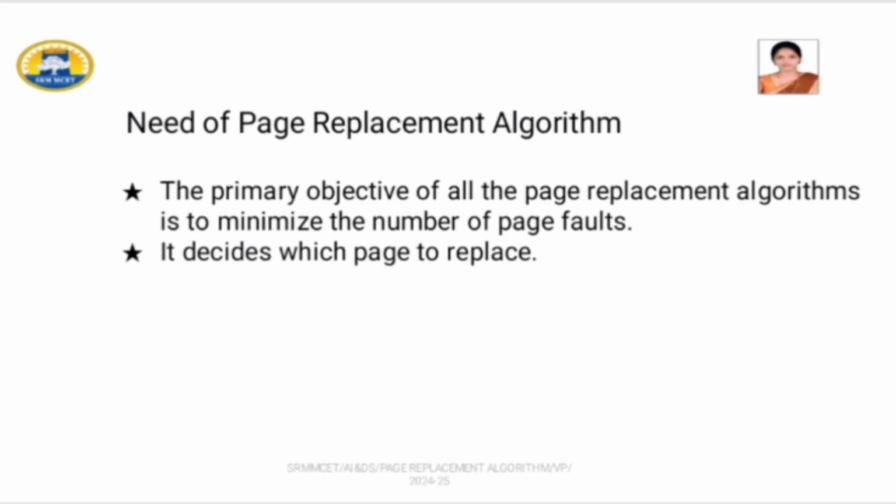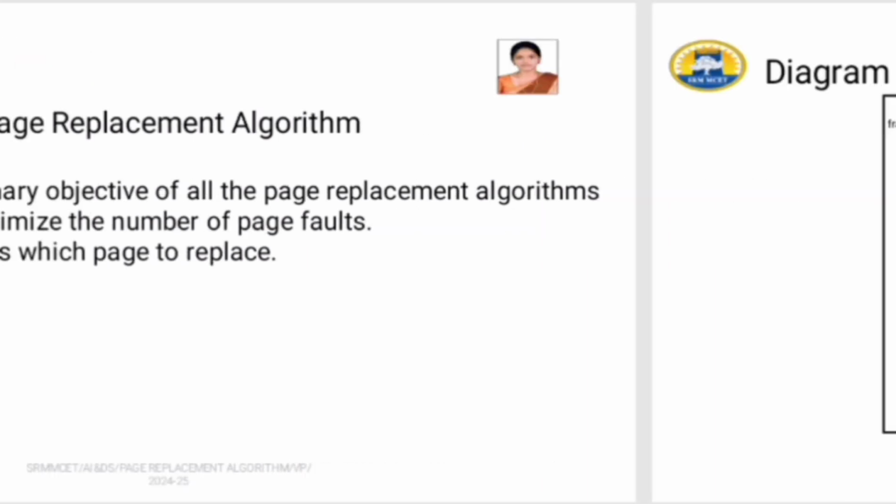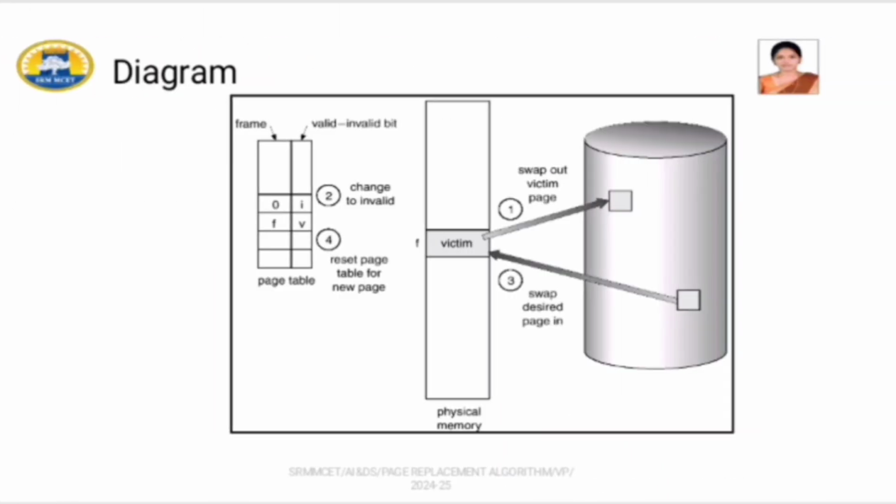The main objective of a page replacement algorithm is to minimize the number of page faults, and it decides which page is to be replaced by which one. The diagram shows which page is swapped in and which page is swapped out between the main memory and the secondary memory.